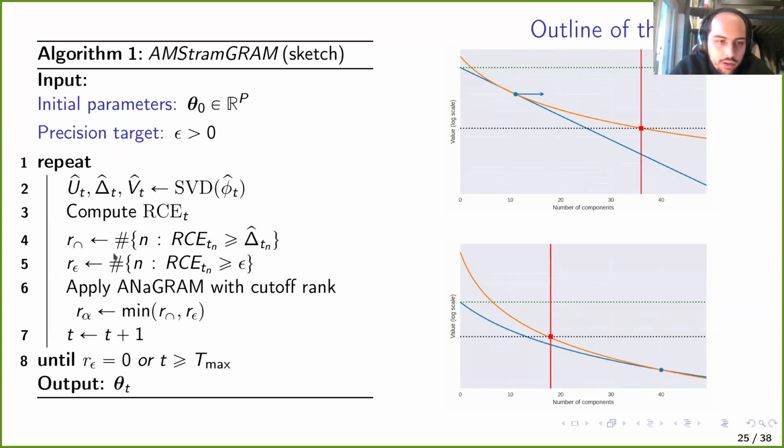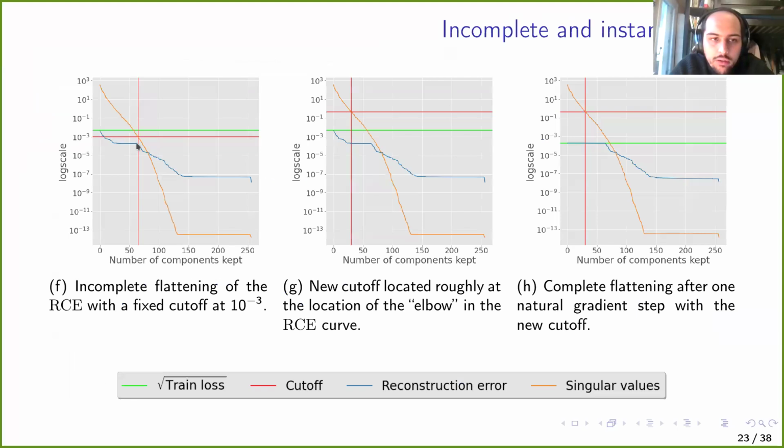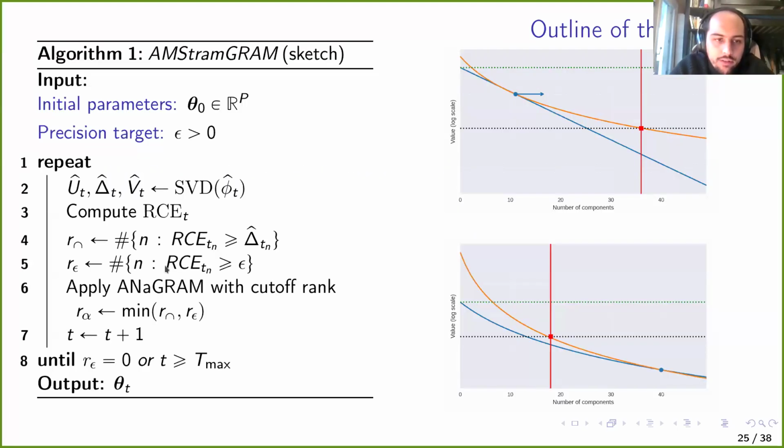We apply AnaGRAM with the cutoff rank that is the minimum of both ranks, and we exit the algorithm when we are above the budget, or when R epsilon is equal to 0. Because in this case, it really means that we completely flattened, and so the train loss is at the level epsilon.